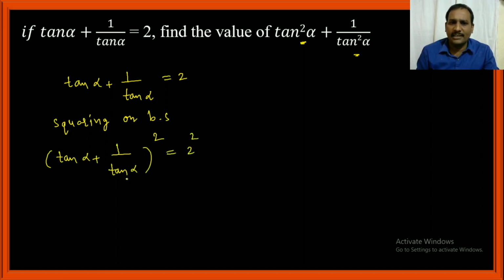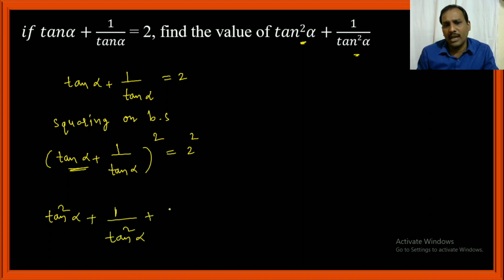Let us expand the LHS, which is in the form of a plus b whole square. That is a square, tan square alpha, plus b square, that is 1 by tan alpha whole square, plus 2ab, 2 into tan alpha into 1 by tan alpha, is equal to 2 square, that is 4.